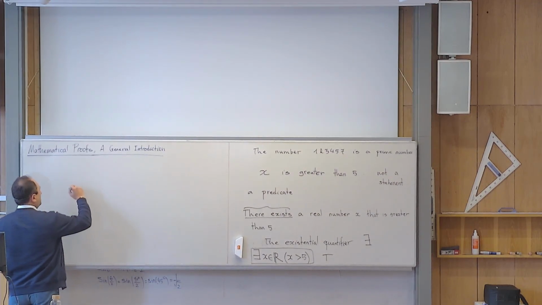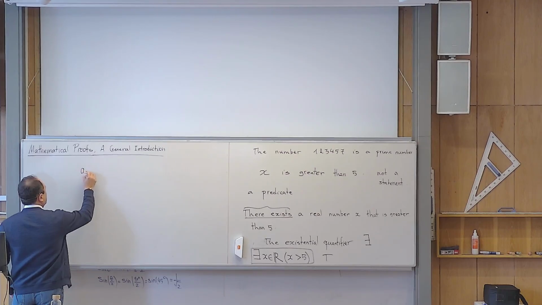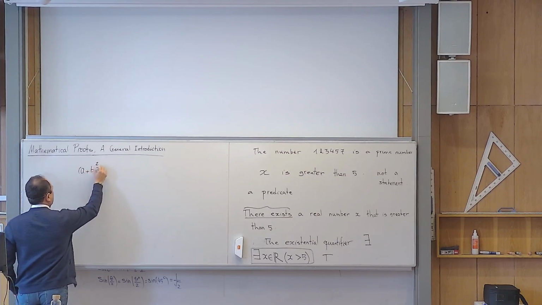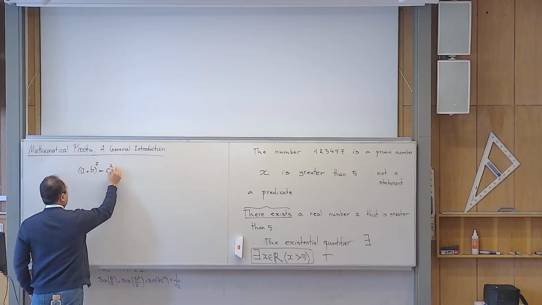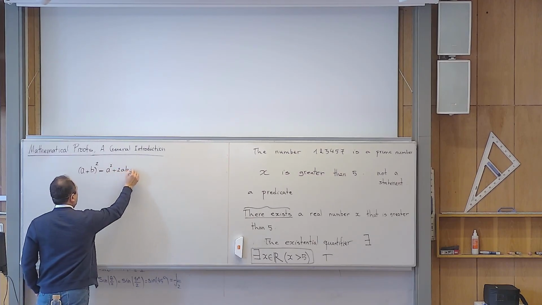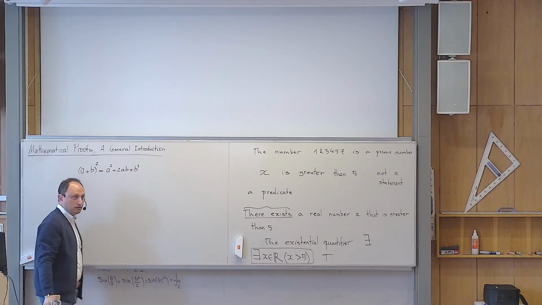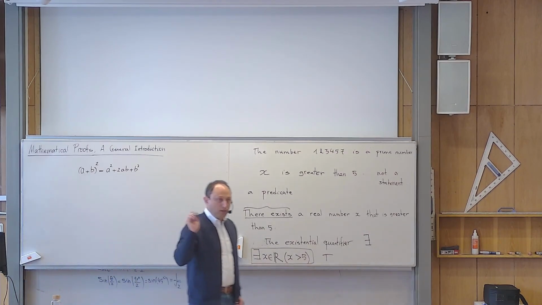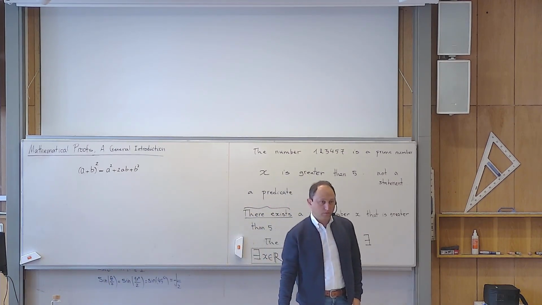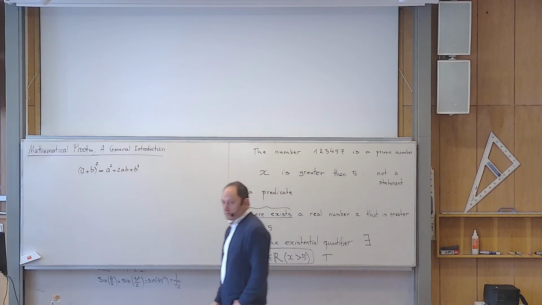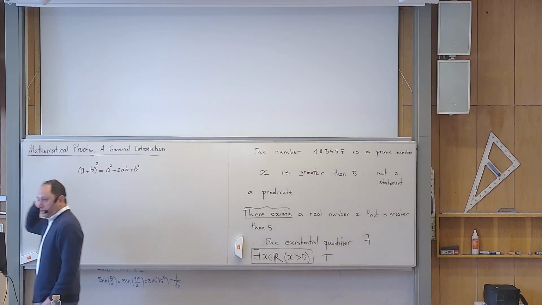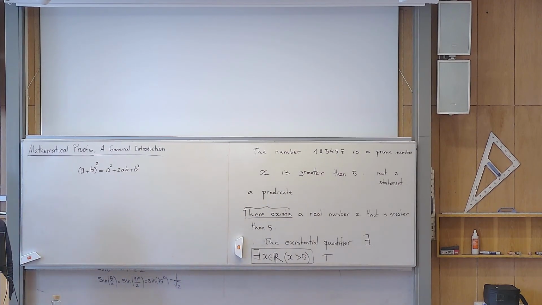Let me ask you, by the way, one question. (a + b)^2 is equal to a^2 + 2ab + b^2. Okay? My question is, do you think it's a statement or not? I just write this for you, and I ask you, is this a statement or not?